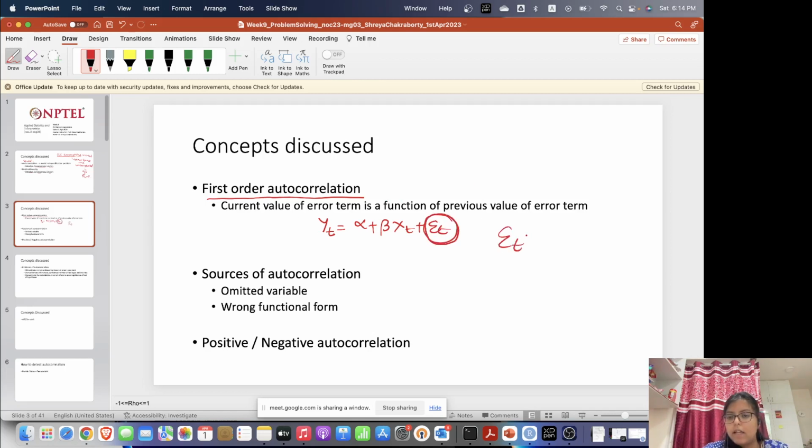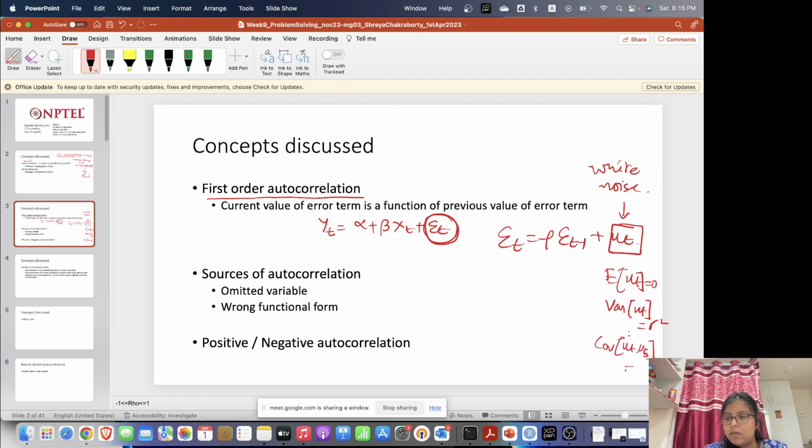We would have epsilon t equals rho times epsilon t minus 1 plus u t, where u t is white noise: expectation of u t is 0, variance of u t is sigma square, and covariance between u t and u s equals 0 for all t not equal to s.